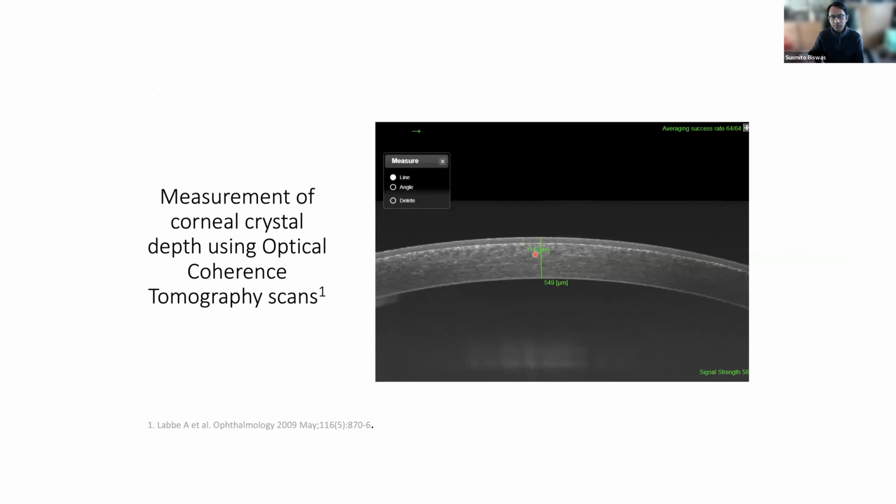And you can measure how deep these are. So this is an example of a young person who's got crystals deposited just underneath the epithelium, and they're at a depth of 114 microns. The corneal total depth is 549 microns. So it's about a fifth of the depth.